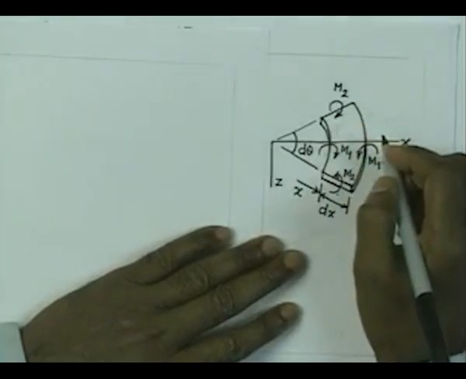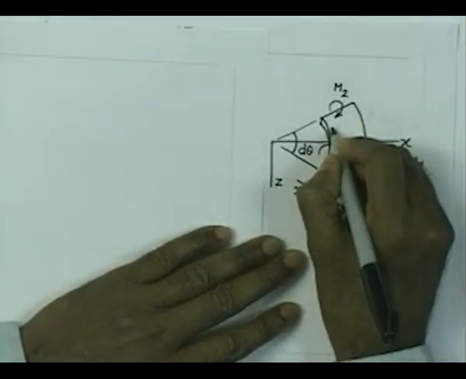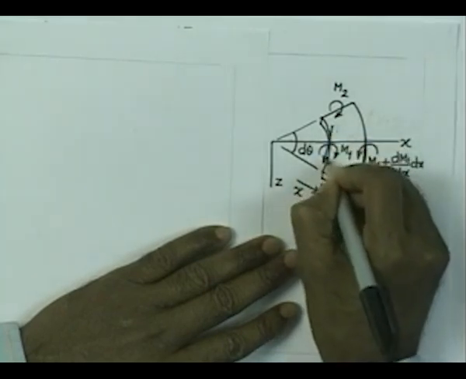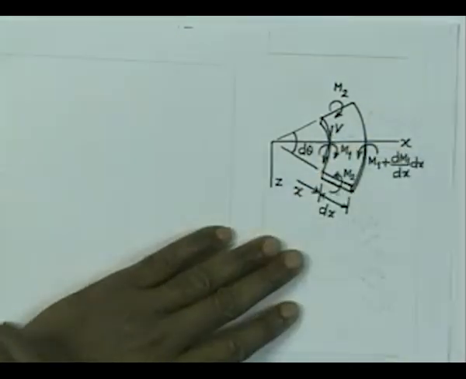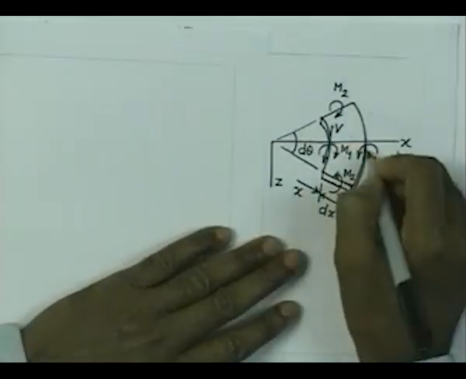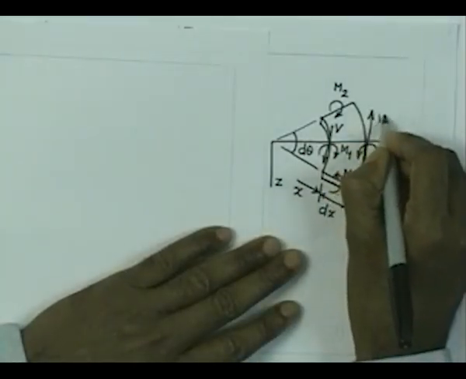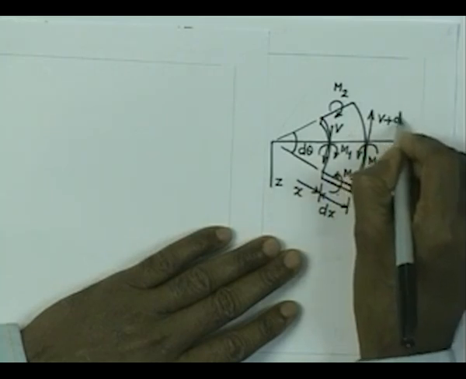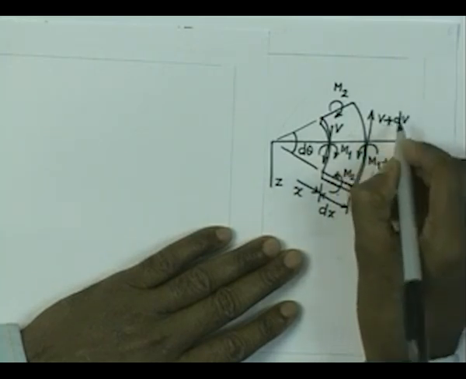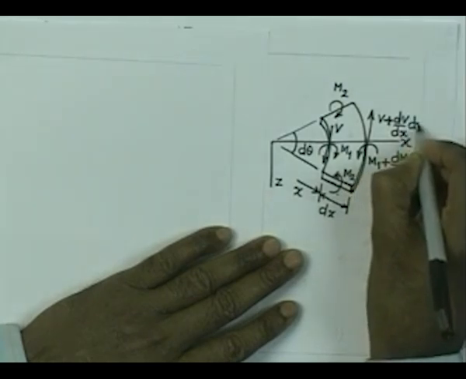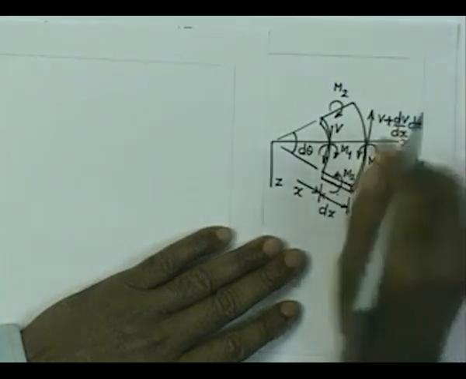Now, there can be shear forces. So, we can now consider on this face that the shear force is equal to V, and the shear force which is going to come up on this face is equal to V plus dV/dx into dx. So, that is the shear force.